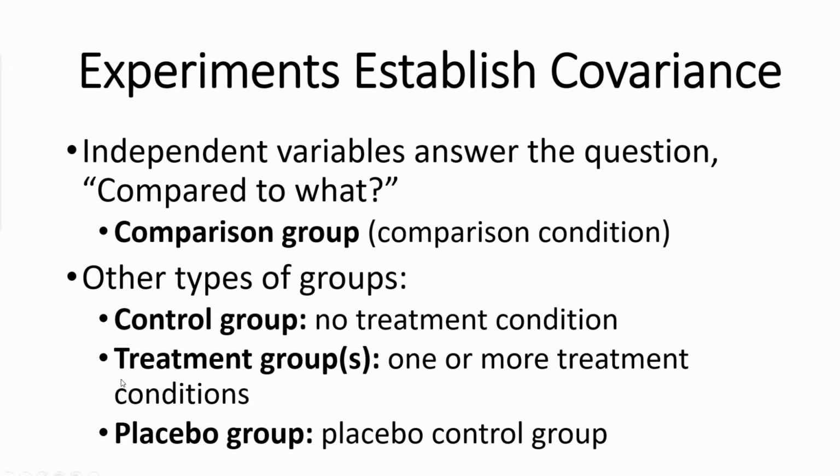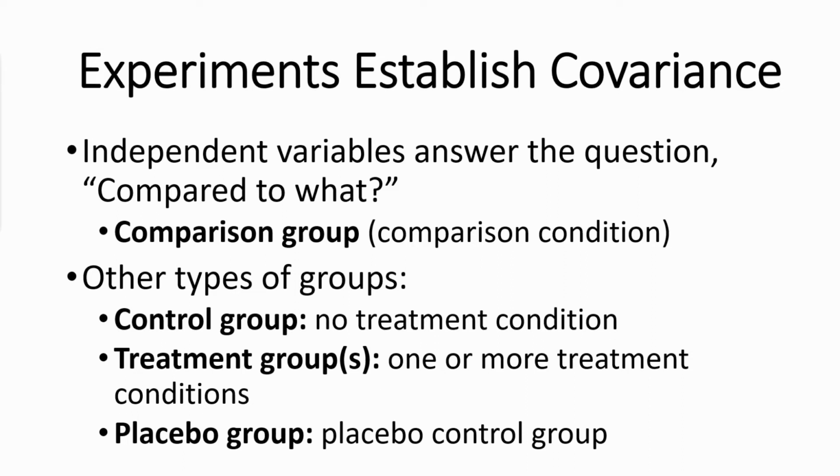And then all of our other groups where they do have a treatment condition, those would be called our treatment groups. So when there is no treatment done, or there is no exposure or no manipulating part there, that's the control group. And then once you have the extra levels brought in where there's some kind of treatment given, then you have a treatment group.